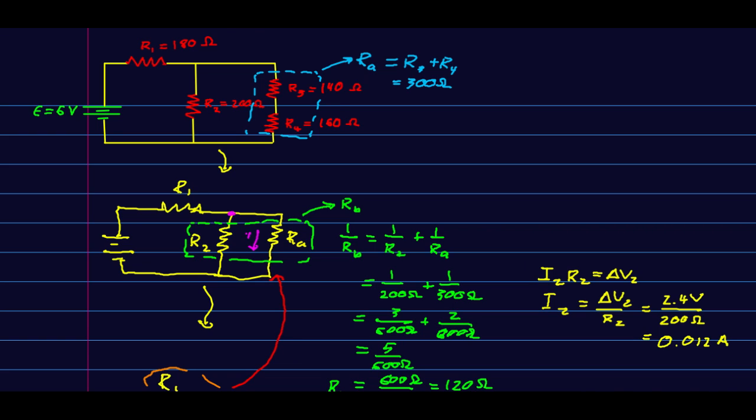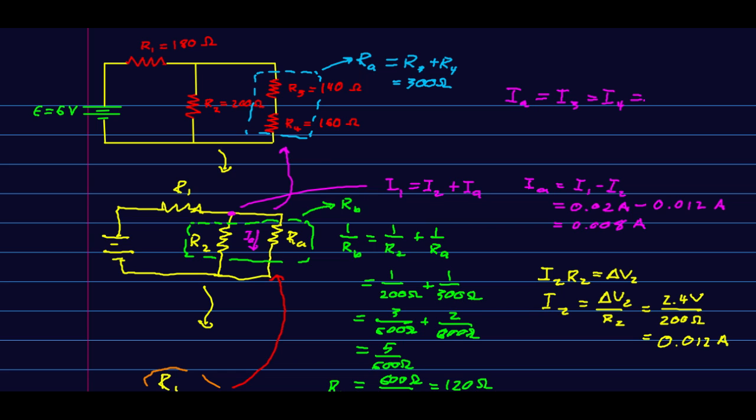There's an IA here. And so the junction tells us I1 equals I2 plus IA. And then since RA breaks into R3 and R4 and they are in series, IA is the same as I3 is the same as I4. And so at this point, we know all of the currents. And we're done.